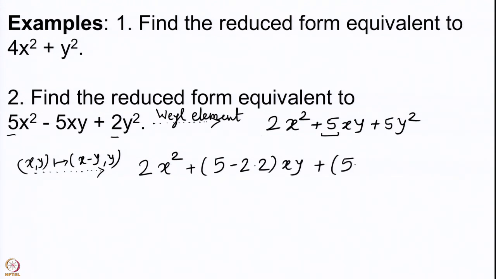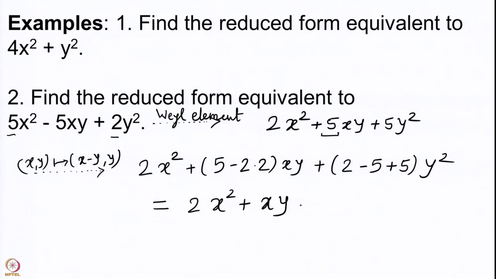Here we get a, and here we get a minus b plus c, which is then equal to 2x square plus xy plus 2y square.